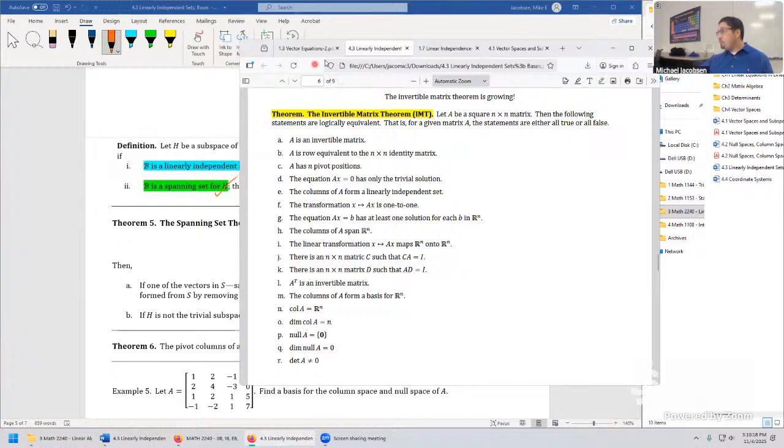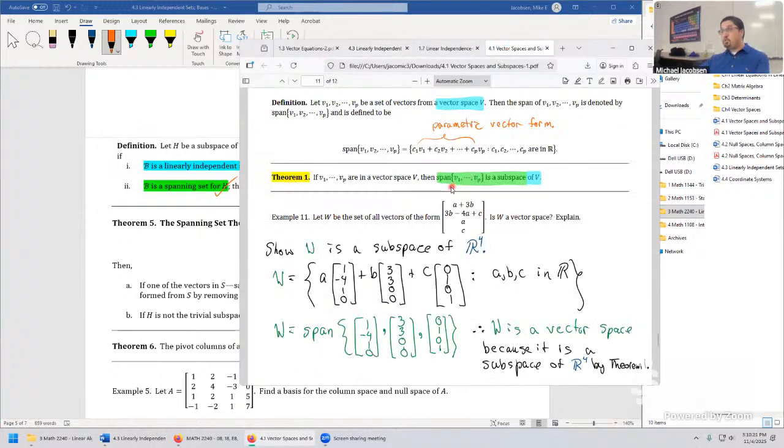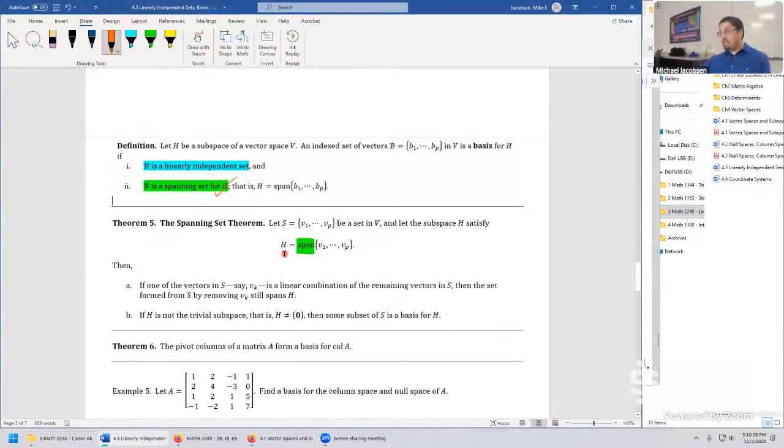But the nice thing about section 4.1 is anytime you span a set of vectors, it's automatically a subspace. So that part is a foregone conclusion. So H is automatically a subspace of the vector space V. Spanning is resolved. And once we remove enough vectors so that there are no more linear dependencies any longer, this is the paring down part, the set that we're left with, there will always be some subset of S after we do all our deletions. It's going to be a basis. So somehow, some way, remove all the linear dependencies here. It's a basis for this subspace H.